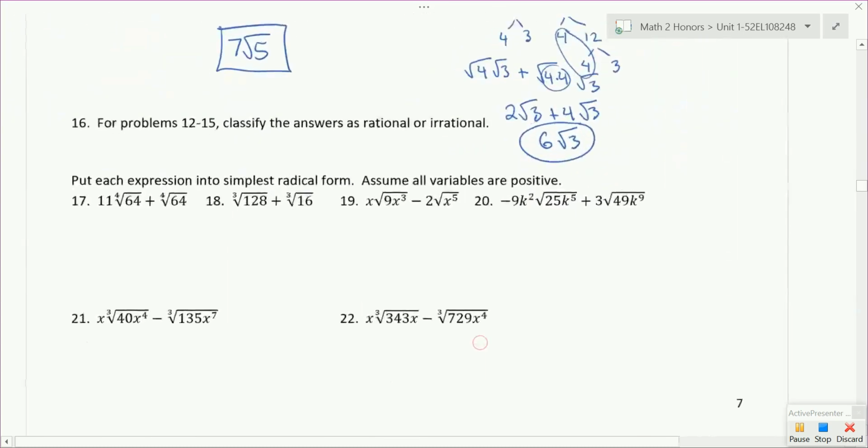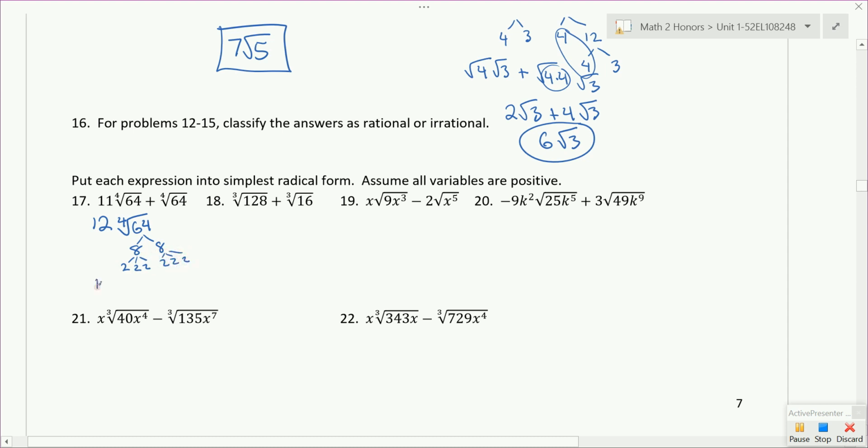Number 17, 11 fourth root 64 plus 4th root 64. That's going to be 12 fourth root of 64. And 64 is 8 times 8. 8 is 2 times 2 times 2. So you end up with 2 to the 6th power.